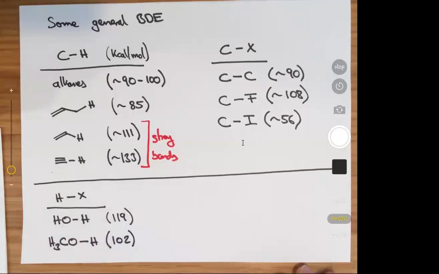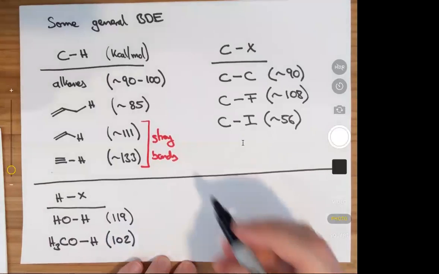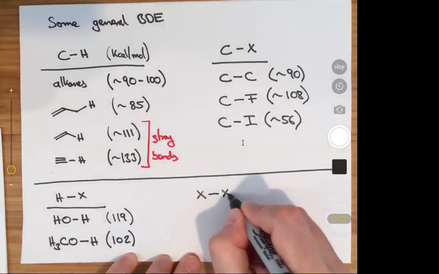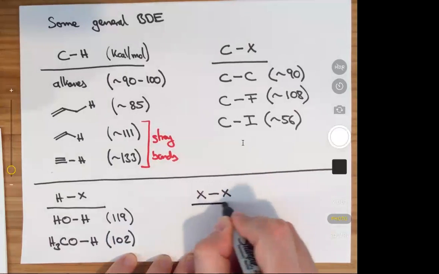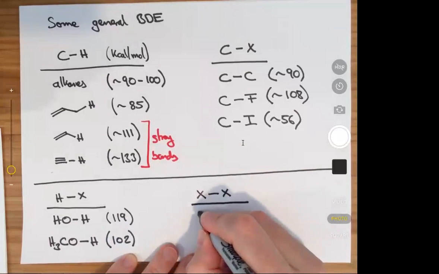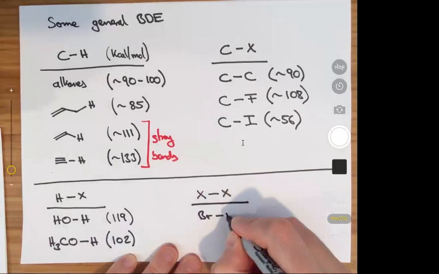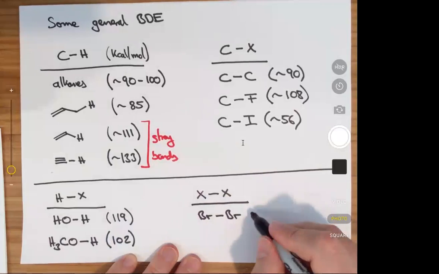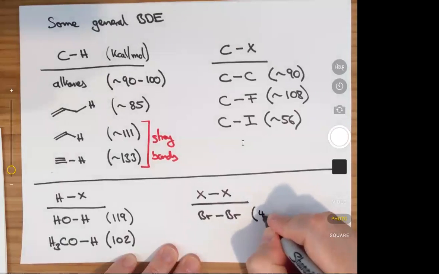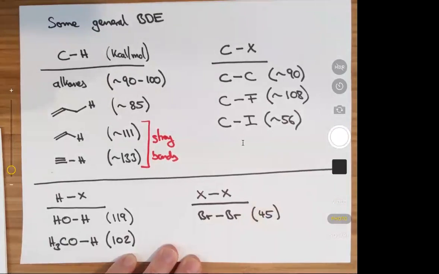And lastly, the heteroatom-heteroatom bonds. The most typical ones you'll see in radical chemistry are, for example, the bromine molecule, which we said is around 45 kilocalories per mole.